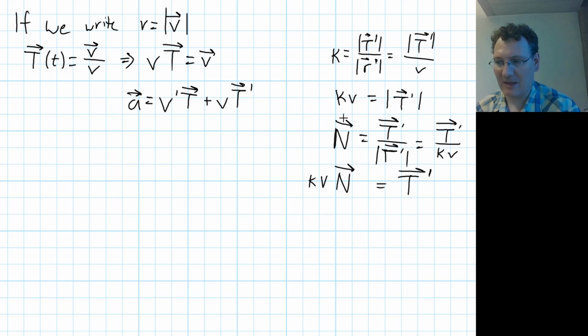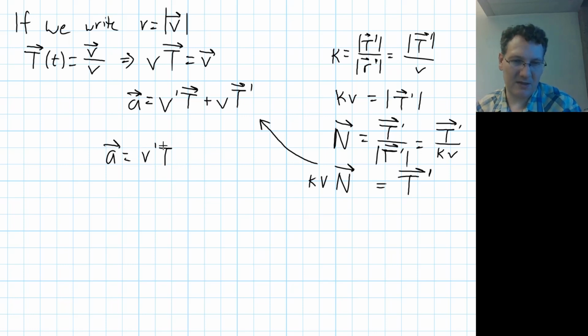And so putting that back in over here, we can write the acceleration is the first derivative of speed times the tangent vector plus the speed squared times kappa times the normal vector.